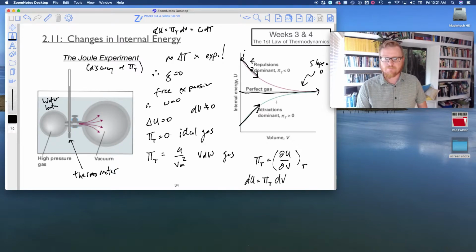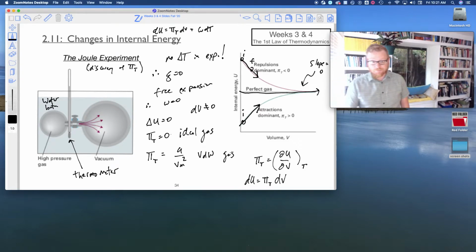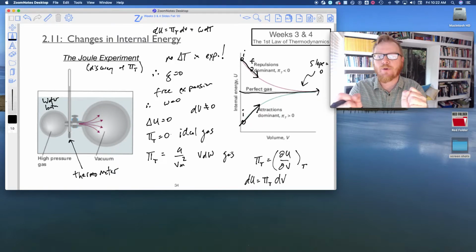Okay? So now similarly, if we're in this initial condition down here, and by expanding the gas, it has the effect of increasing the internal energy, then what that means is those gas molecules were happy being next to each other. They had a very low internal energy. But as we separate them out, if their internal energy increases, they're kind of saying, I don't want that.